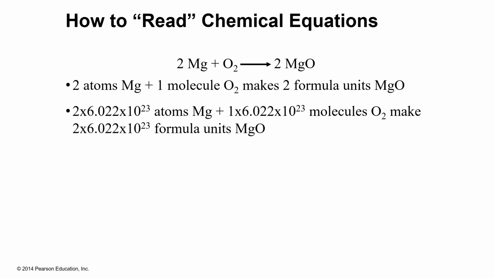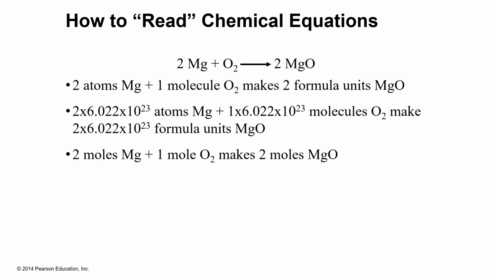But remember, an Avogadro's number of items is, that's right, a mole. So we could read the equation in moles. So 2 moles of magnesium and 1 mole of O2 makes 2 moles of MgO.